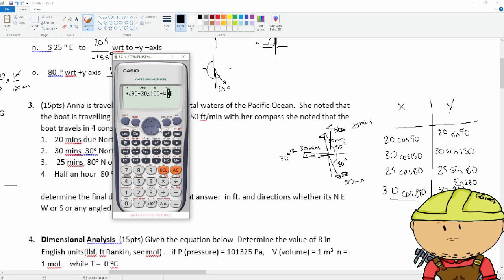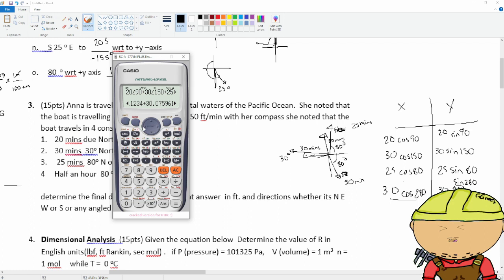Oh, I'm panicking. I don't want that fraction. There you go. So 30 cosine 150, 25 angle 80 plus 30 angle 280. So that's negative 16 and plus 30.